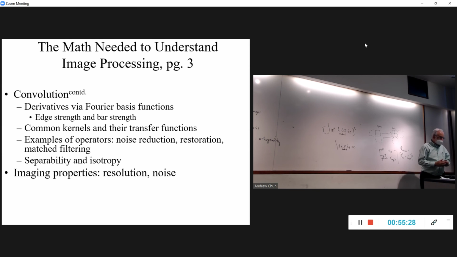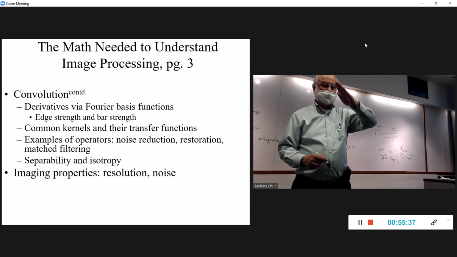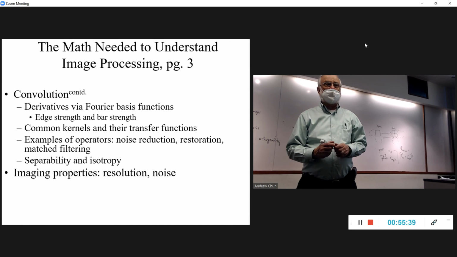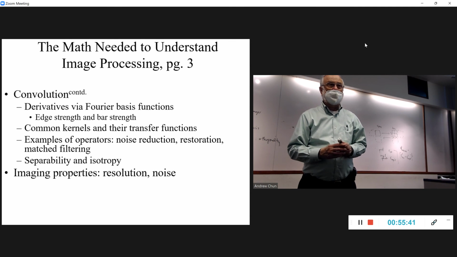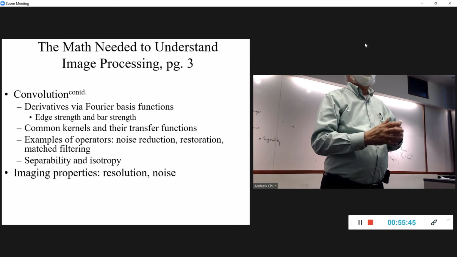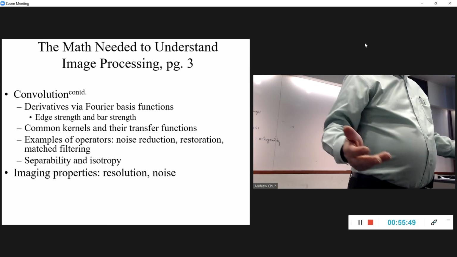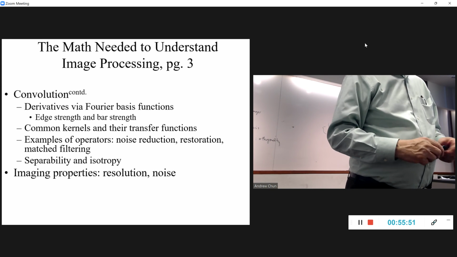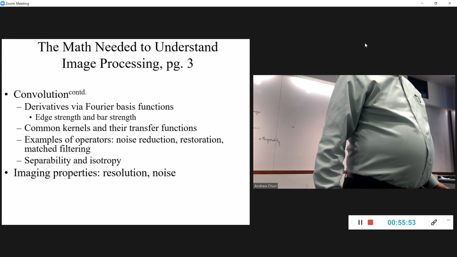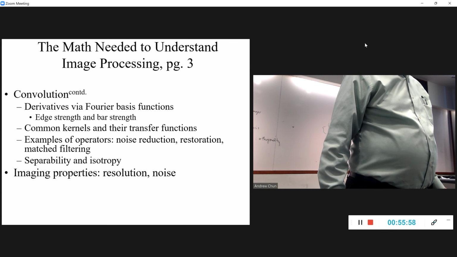I've already talked about derivatives via the Fourier basis function. That in the frequency domain, the Fourier transform of those operators, not counting the Gaussian aperture, were simple polynomials of frequency.